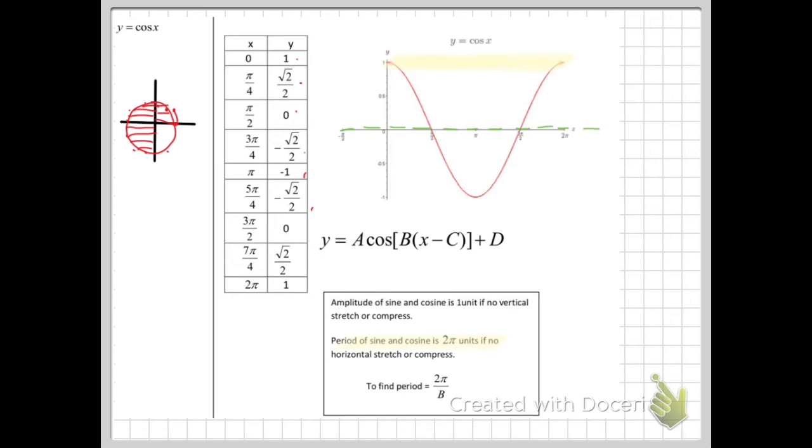Cosine instantly does A from the midline at the beginning. So now your beginning point is going to be A from the midline, and then notice your end point matches. Your end point is also A from the midline. Then if you find the middle of that, you go opposite A.